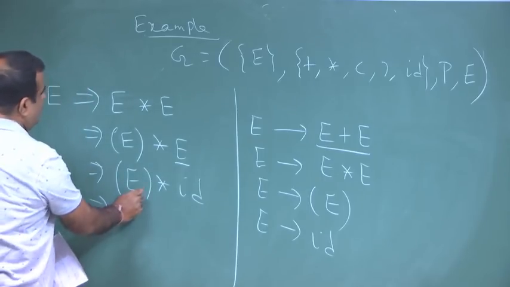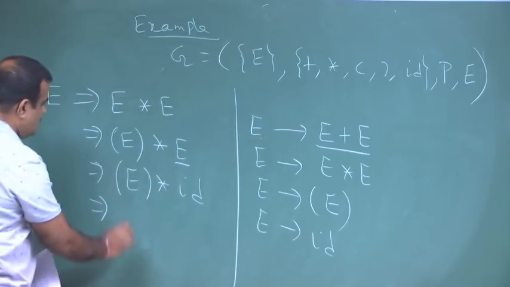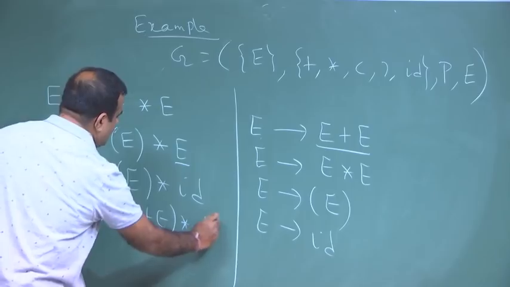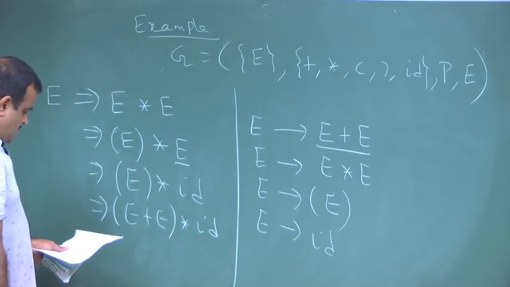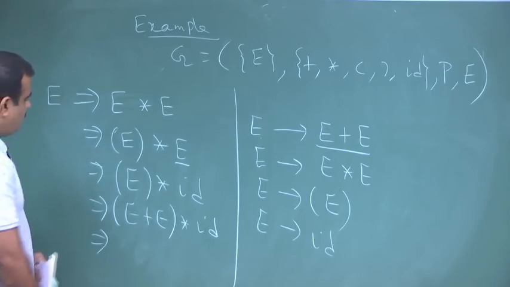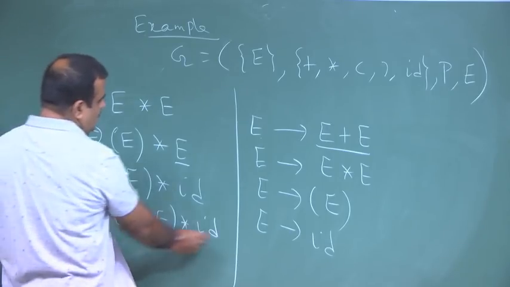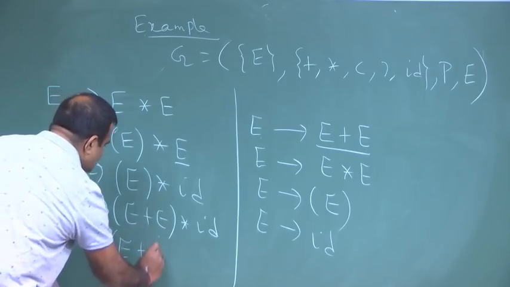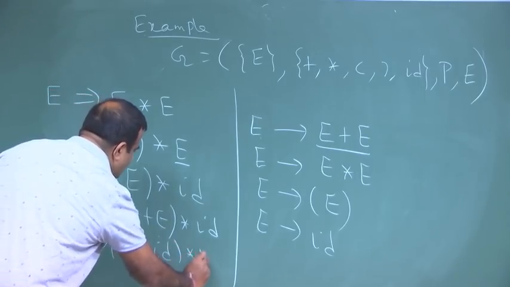Then again this E, we can use this production, and write E plus E star ID. Okay. Then again using this production on E we can write E plus ID star ID.